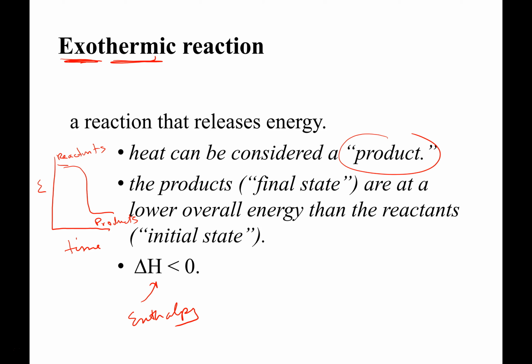The delta, the triangle in physical science, means change in. So literally, if you have a value for delta H, you have a change in enthalpy. And if it is an exothermic reaction, then your enthalpy change is going to be negative. You see where delta H less than 0 means it's negative. So that's an exothermic reaction.